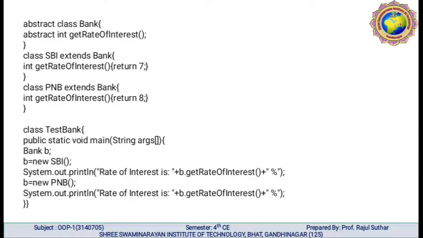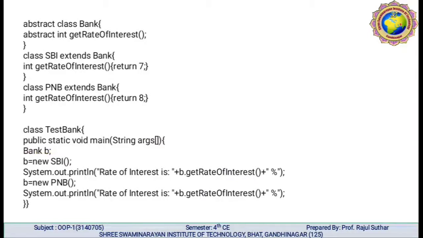Let's create one main class, TestBank. You must save this program as TestBank.java and compile the program. Whenever we compile, the javac keyword is used. Public static void main(String args). Here an object of Bank is created: Bank b = new SBI().